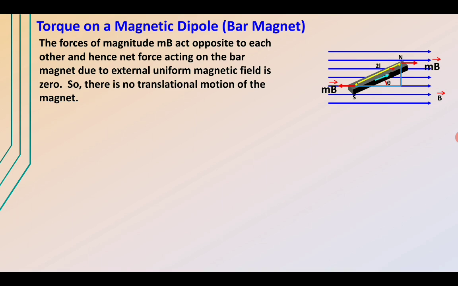Now, in order to find the torque, these are our considerations. We know that the forces mB act opposite to each other on both sides, for the north pole and for the south pole, and hence the net force acting on this bar magnet cancels out.